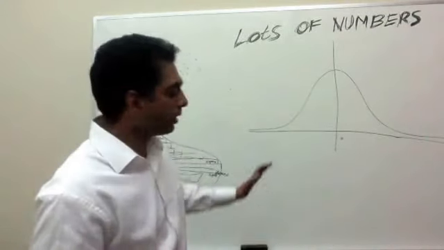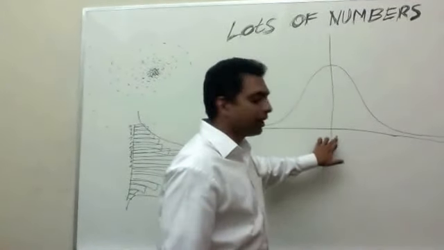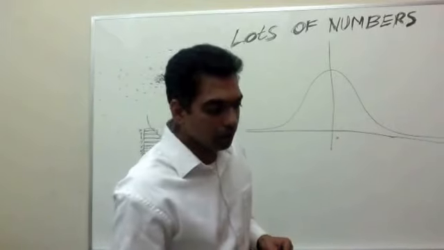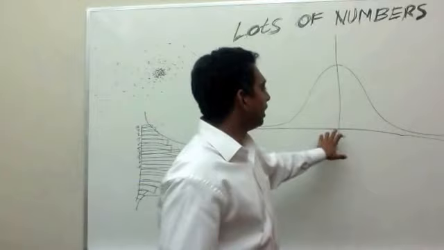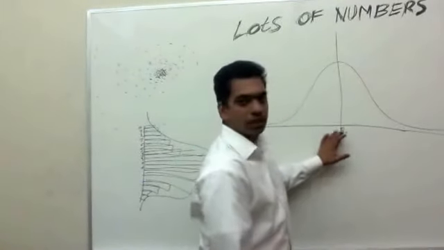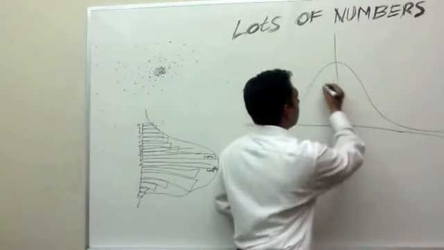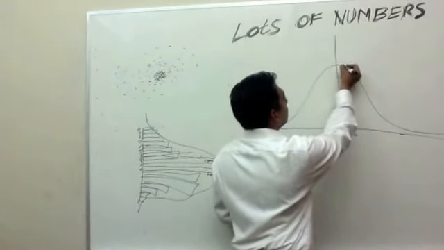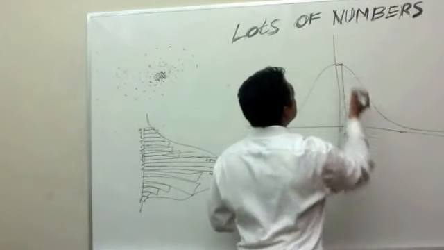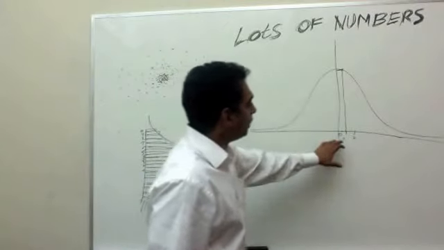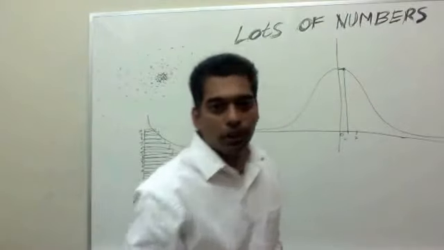So all that this normal distribution is saying is that for a thing that occurs many times, we're trying to plot how many times it takes the value 0, how many times it takes the value 1, how many times it takes the value 2, and so on. The point here represents, let's say this is 1, how many times we actually hit the value 1, exactly 1.